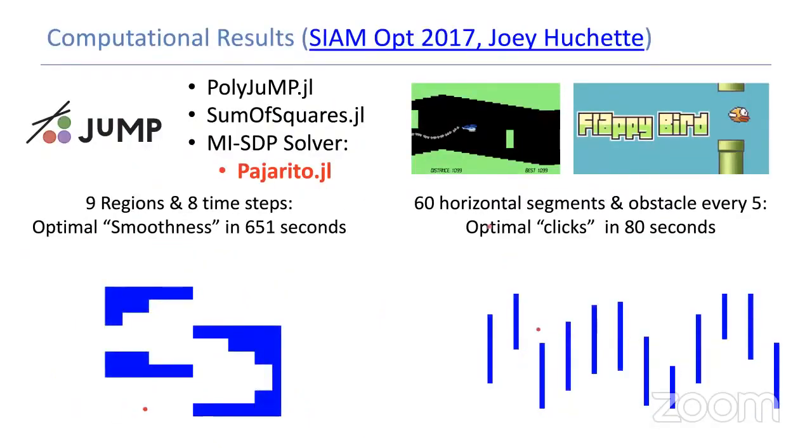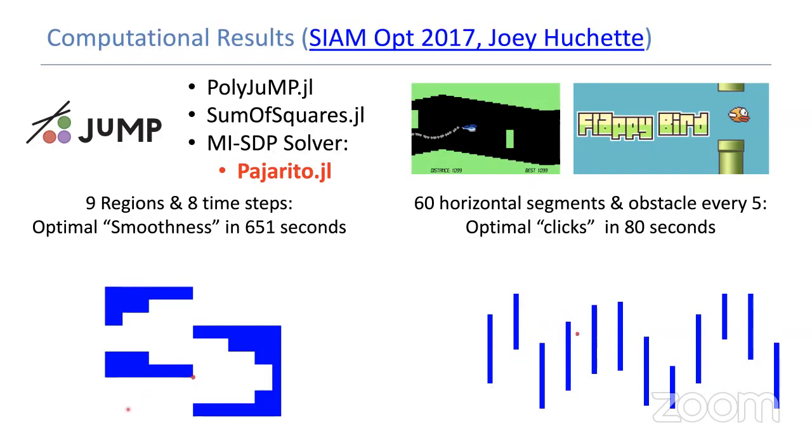And these are some results that Joey ran back in 2017. Basically he used JuMP to write down a polynomial optimization problem, SumOfSquares.jl to transform that into an SDP, and then we can solve it with the MISDP solver Pajarito.